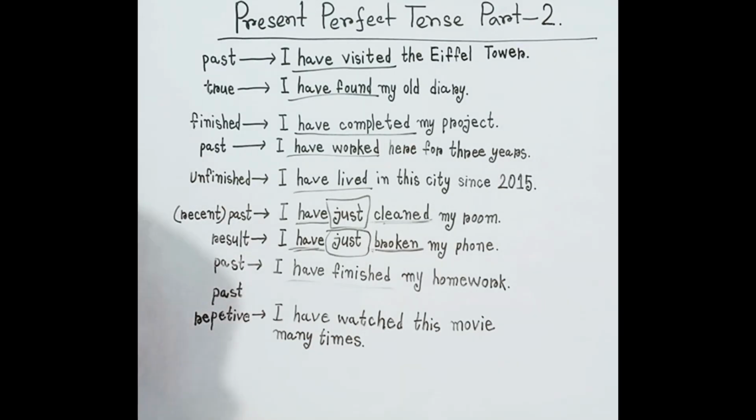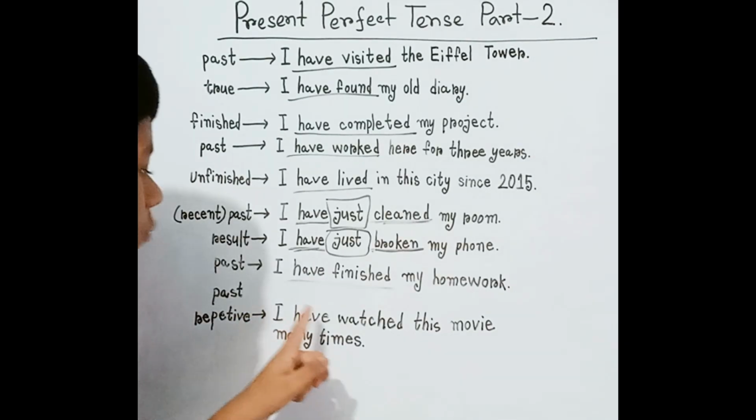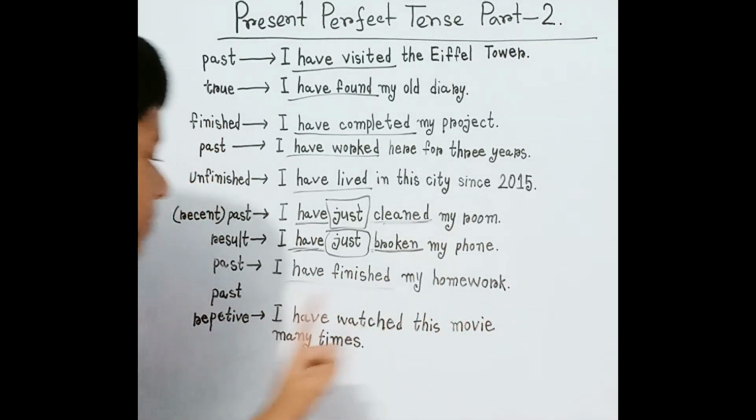And then we can also use this tense with a repeated action, when something happened in the past and it repeats, okay? For example, I have watched this movie many times.